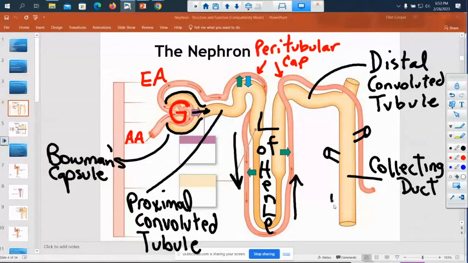Remember, it's over here where we finally get to call it urine. Well, really, we could call it urine as soon as it hits it. It doesn't have to get to the end. But in the collecting duct, it becomes urine.